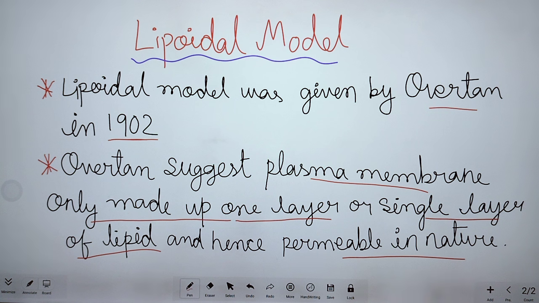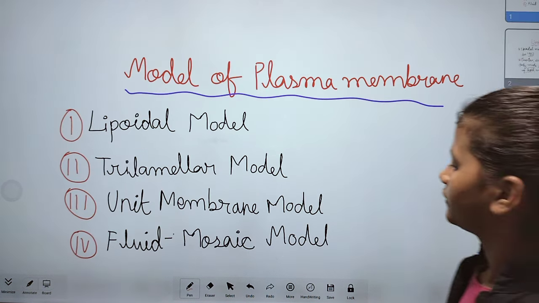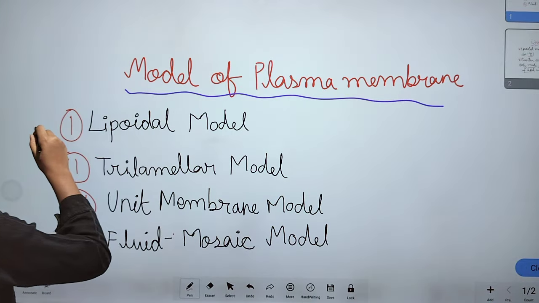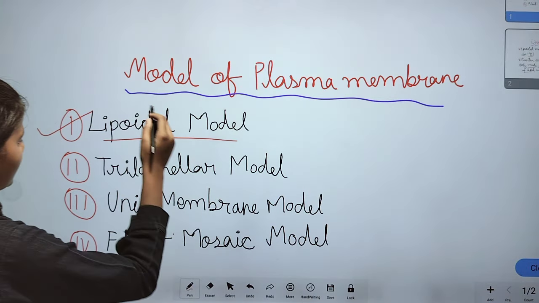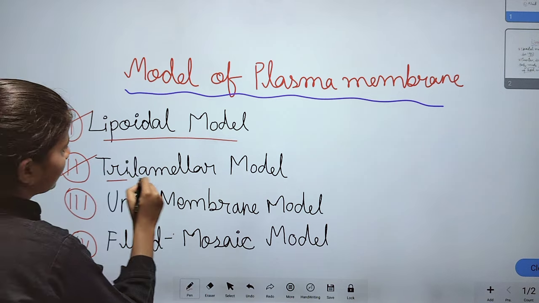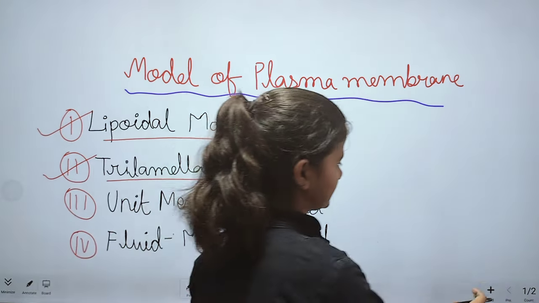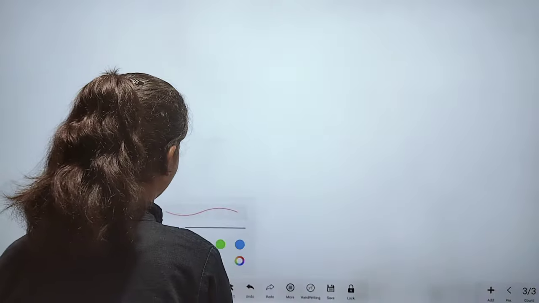Now the next model is the trilamellar model. We have discussed the lipoidal model, and our next model is the trilamellar model. Okay, let's discuss the trilamellar model.